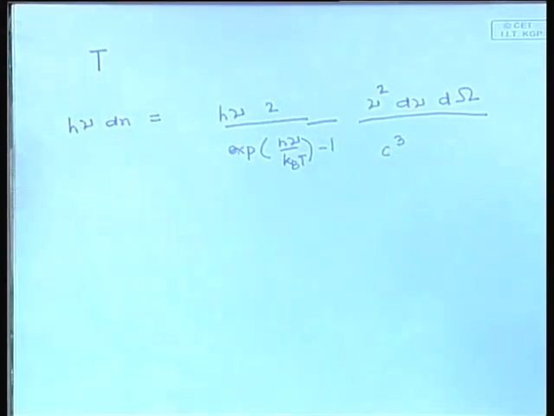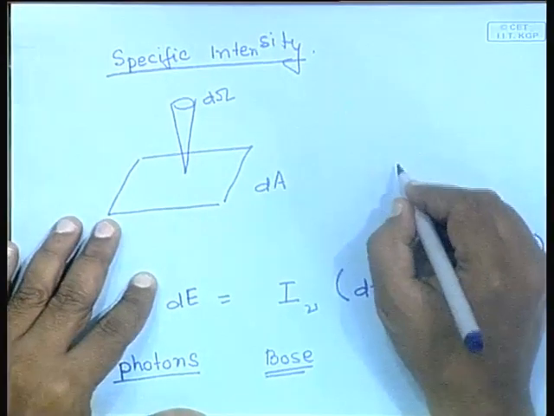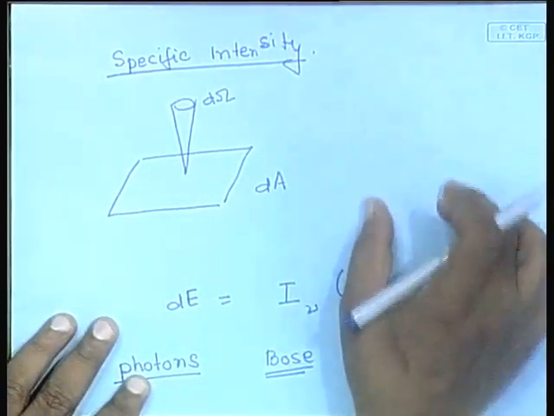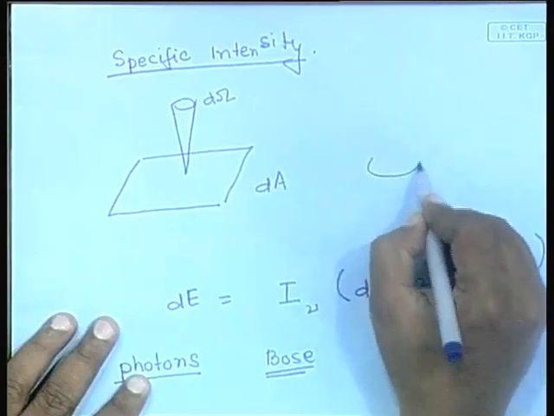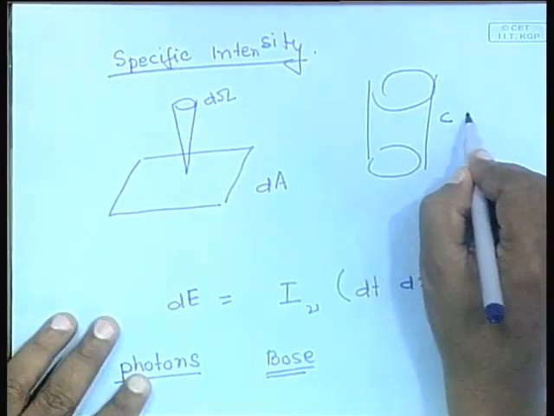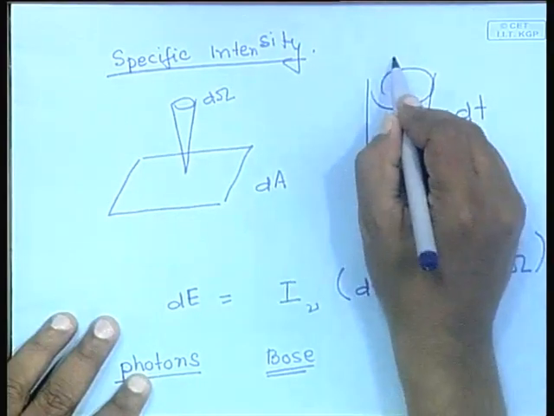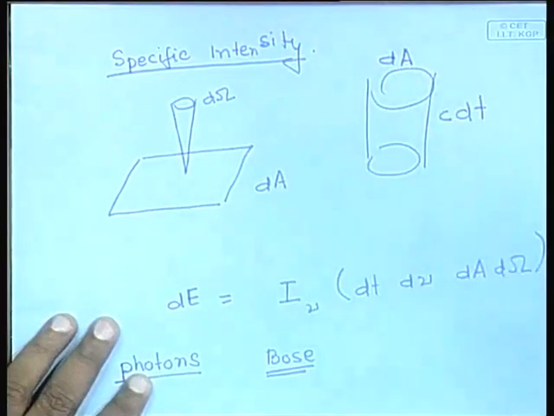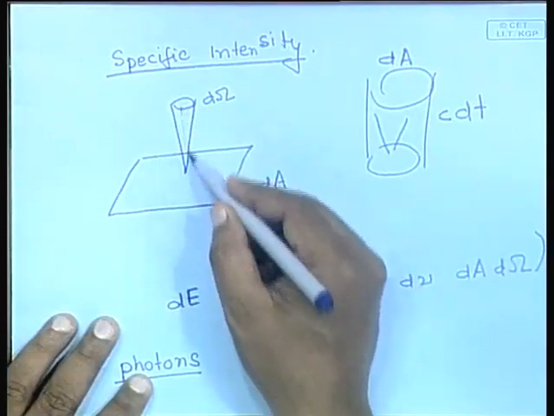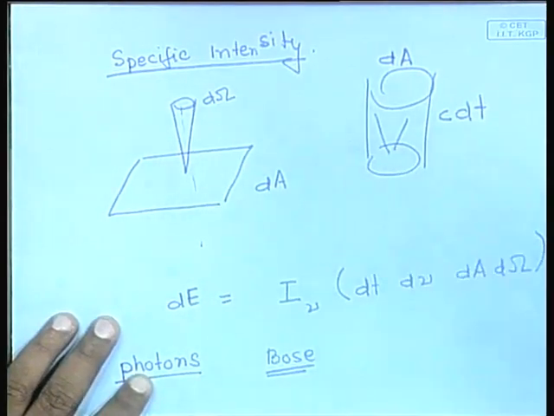So, if these are photons, let us ask the question: what volume? The entire volume c dt times dA; all the photons in this volume traveling in a solid angle d omega will cross through this surface in a time dt.